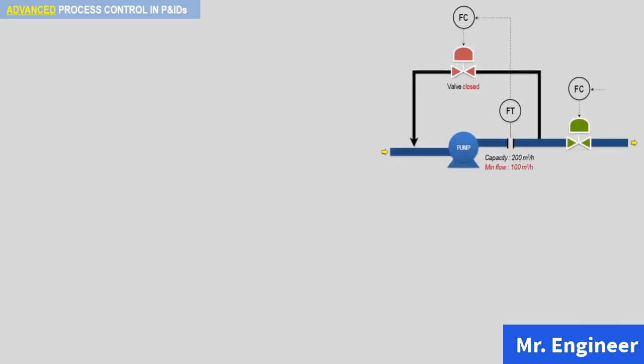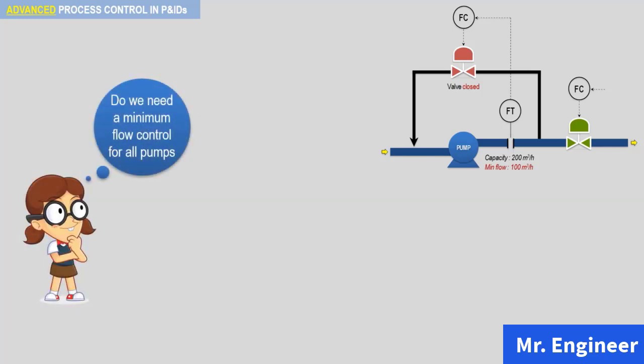Now, the question is whether we need a minimum flow control loop for all centrifugal pumps or not. The answer is no. You will not see this type of control on each centrifugal pump on your PNIDs. We don't need a minimum flow control loop for all centrifugal pumps. The following examples of pumps may not need a minimum flow control loop.